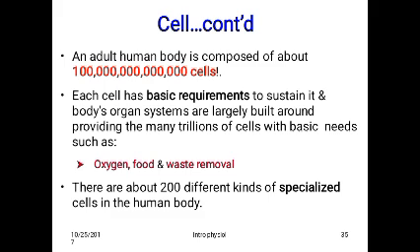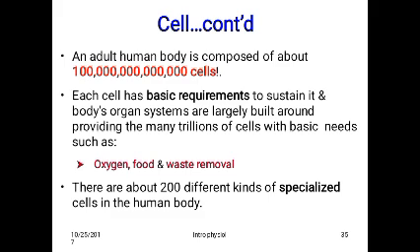An adult human body is composed of about 100 trillion cells. Each cell has basic requirements to sustain it, and the body's organ systems are largely built around providing the many trillions of cells with basic needs such as oxygen, food, and waste removal.